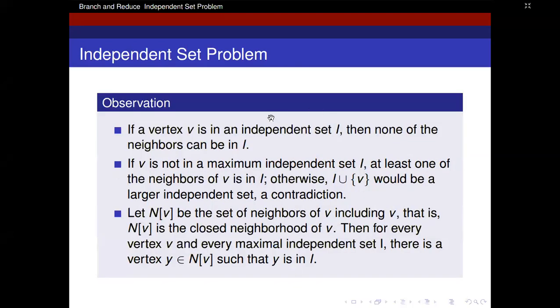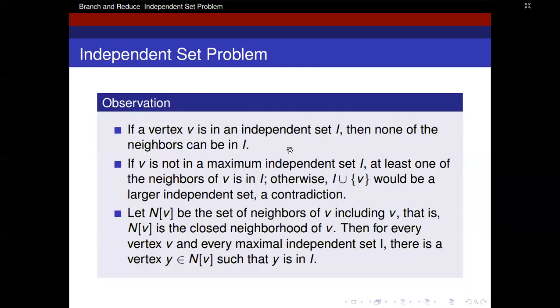We can remember that this technique is based on some observations. If we consider V a vertex in an independent set I, then none of its neighbors can be in I. And if we consider a maximum independent set I and assume that V is not in it, then at least one of the neighbors of V is in this maximum independent set I. Why?